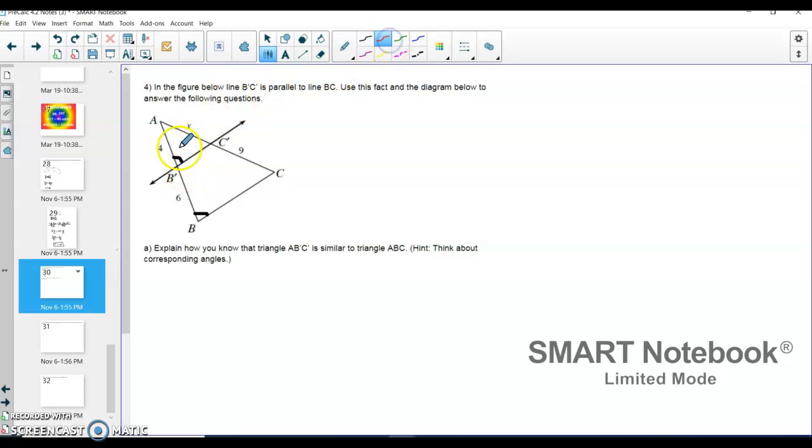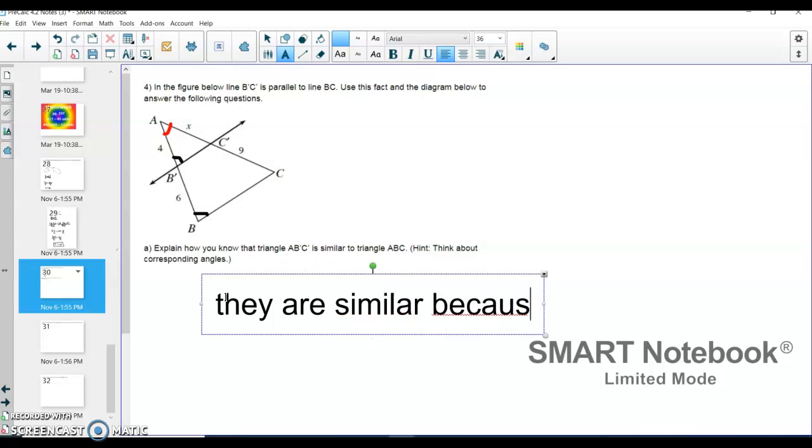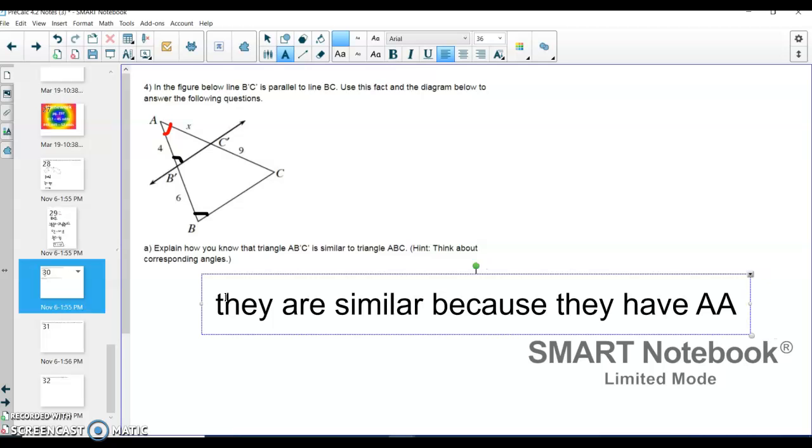And not only that, both of these triangles, AB prime C prime and ABC, they both share angle A. And so these triangles are similar. They are similar because they have angle similarity.